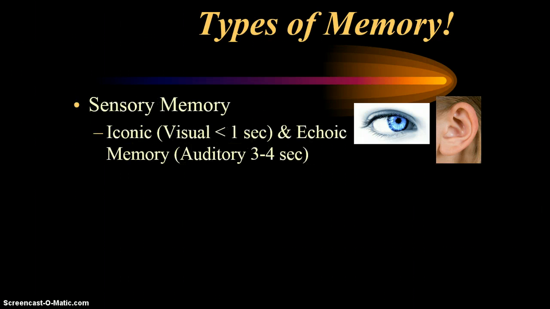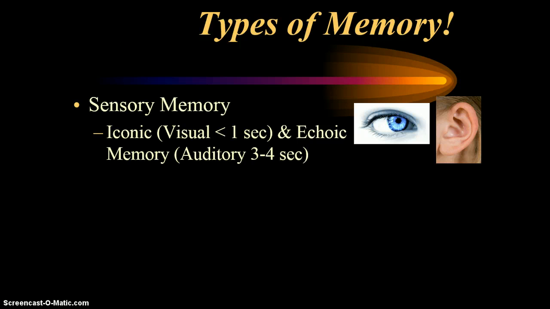The first type of memory that we'll talk about is what's called sensory memory, or sometimes referred to as sensory storage. So when you think about all the things that you come in contact with on a day-to-day basis, literally minute to minute, you have thousands and thousands of sensations that are coming into your body all at once.